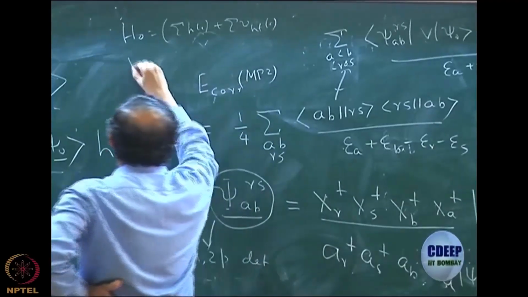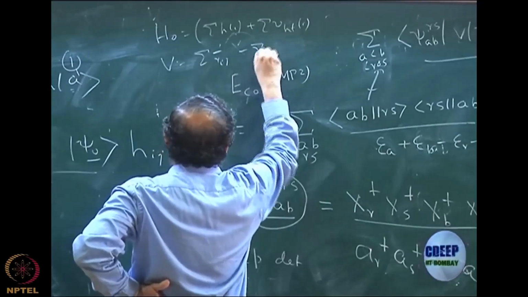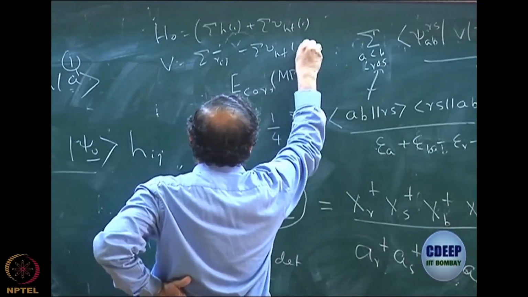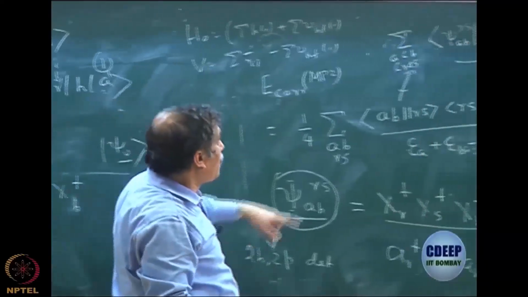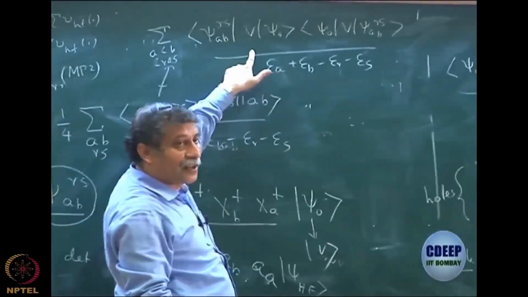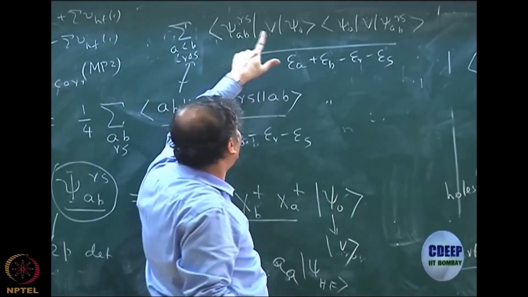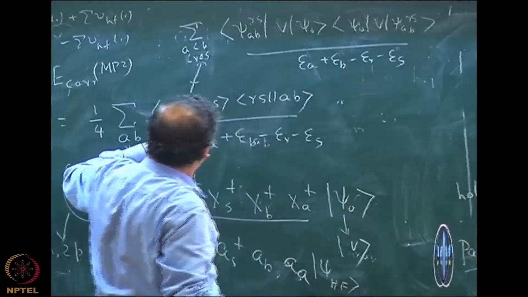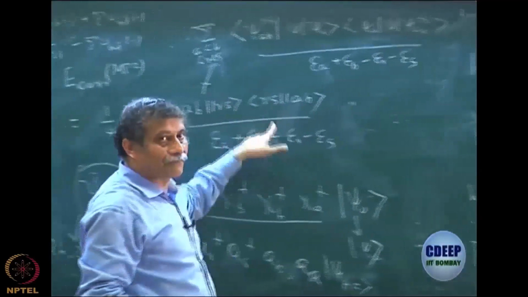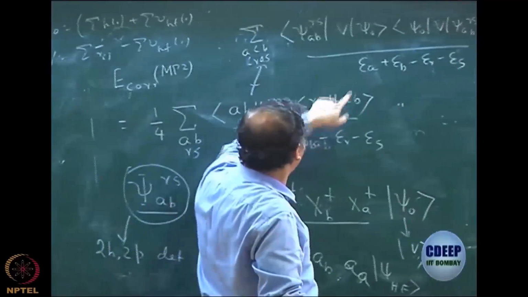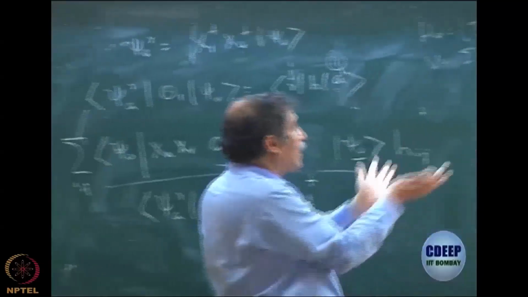So when I write V, it was the sum over 1 by Rij minus the sum over V Hartree-Fock of i, because this must cancel. Eventually my Hamiltonian is this plus this, correct? However, the one-particle operator did not bother us, because it is between two determinants, so it was 0. So you had actually only 1 by Rij, which transformed into this, and I got that expression.